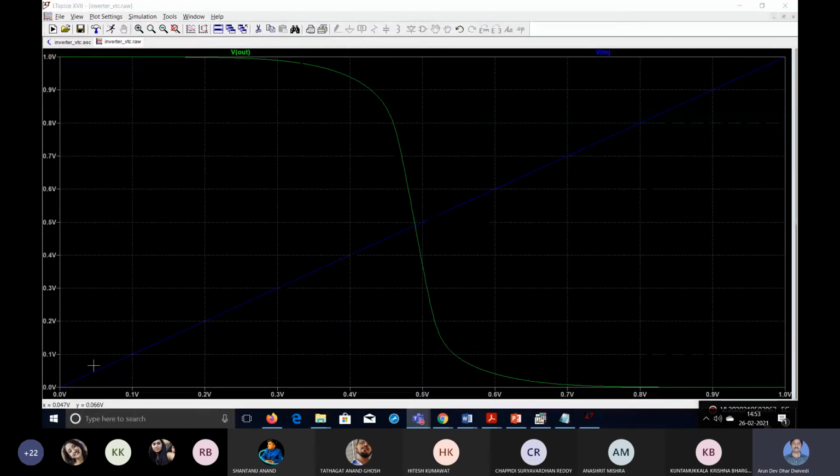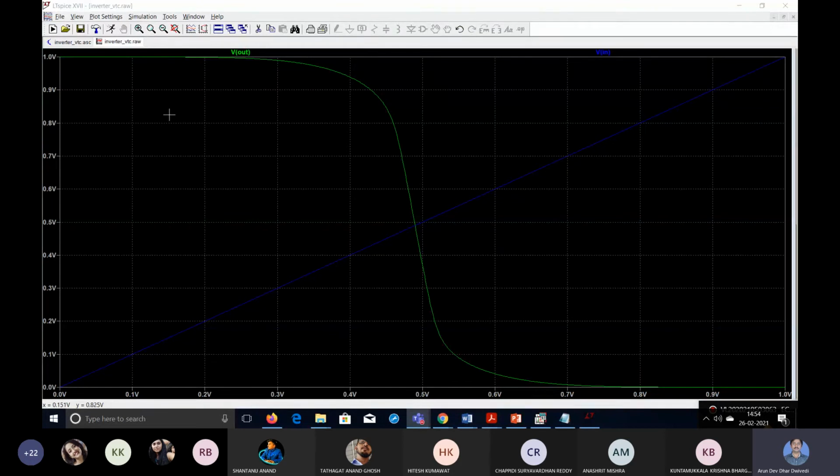Another point is 0 volt, the output voltage when the input voltage Vin is equal to 1 volt. This plot is touching the x-axis, meaning 0 is the output voltage. So when the input is equal to VDD, the output VOL is 0, and VOH in this case is 1 volt or VDD.